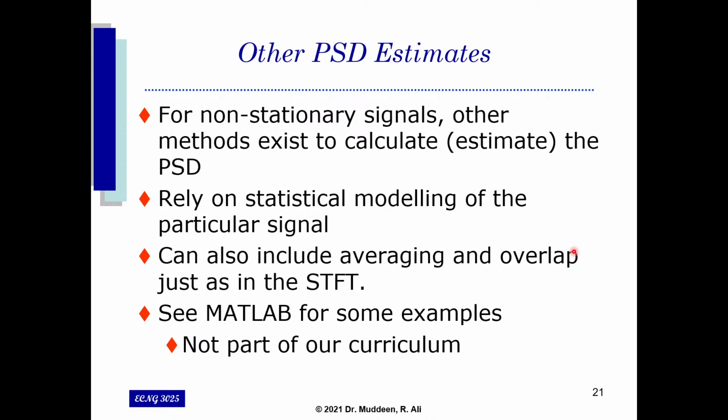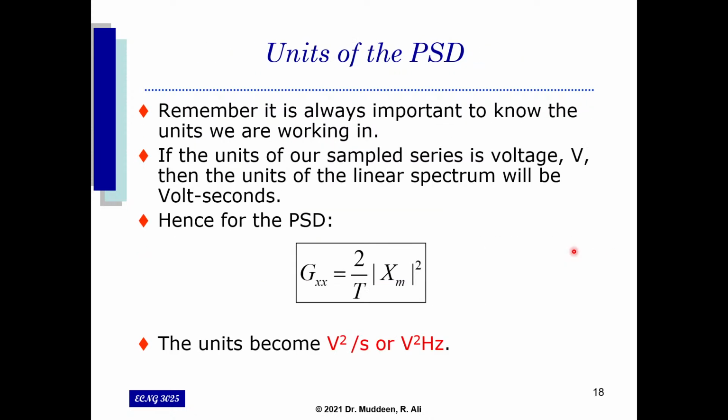So just remember, when you are calculating power spectral density, this 2 divided by T here is going to be referred to as the periodic time of the entire signal in particular. X of m here is referred to as the frequency content of the signal itself, such that you do need to make sure that you do the fast Fourier transform of the original x of n signal to get x of m, and then obtain the magnitude values accordingly and square them with respect to the bin spacing that you use.